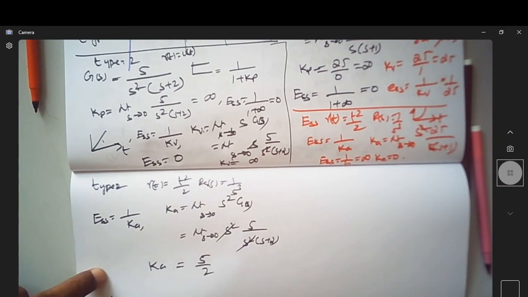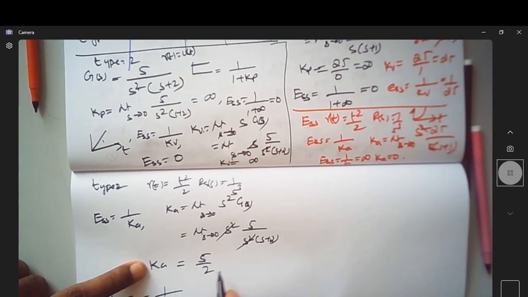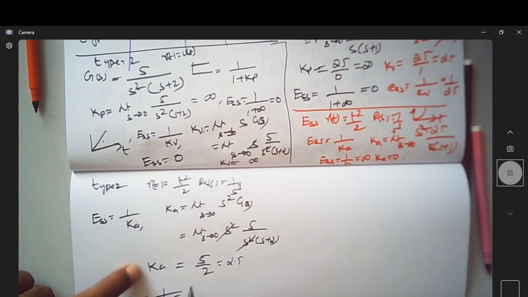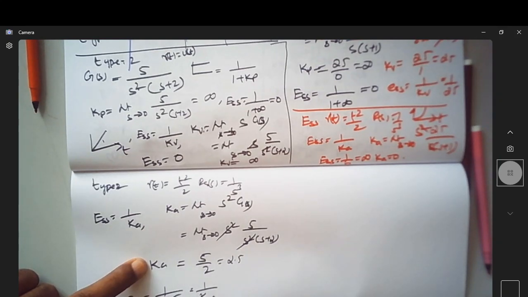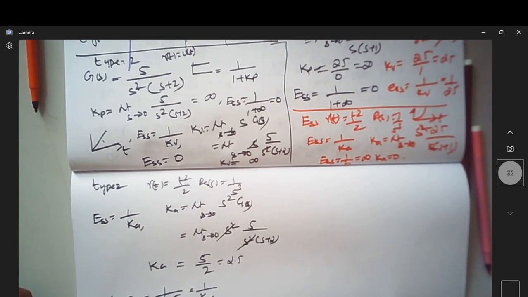So then what is ESS? ESS is equal to 1 over Ka. Since Ka is 2.5, ESS is 1 over 2.5.